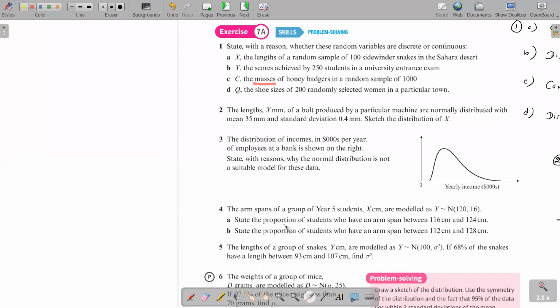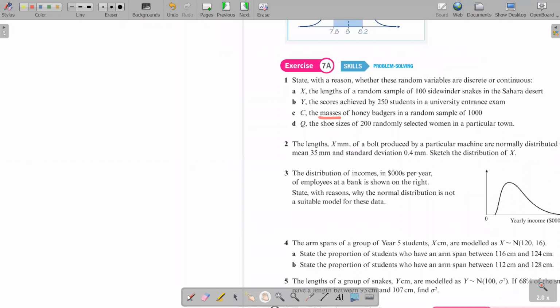All right, so let's go to question number 4. The arm spans of a group of year 5 students, X centimeters, are modeled as X follows a normal distribution. Can you see this? And I told you, when you see this, what does this represent? Now they have written here X, this mark, normal distribution, and 120 and 16.